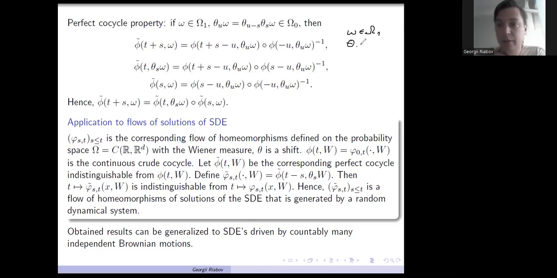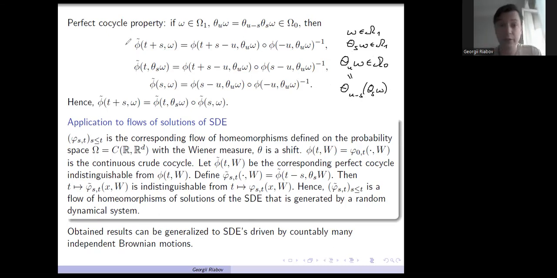Then theta s omega also belongs to omega 1. And we take any u such that theta u omega belongs to omega 0. And note that this is equal to theta u minus s of theta s omega.